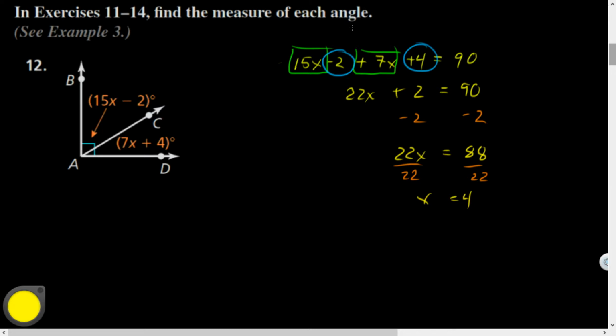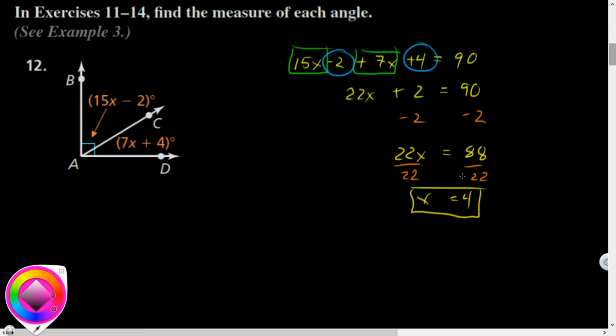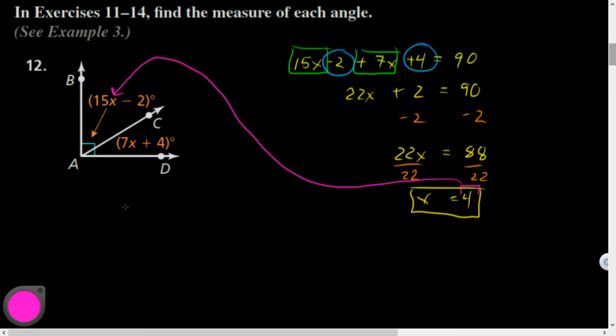They didn't ask for x. Here we go. Let's now take the 4 and find angle BAC. So the measure of angle BAC is now not referring to the object, the figure, the diagram. That is referring to a number representing the measurement of that angle. And I use equality to describe numbers.